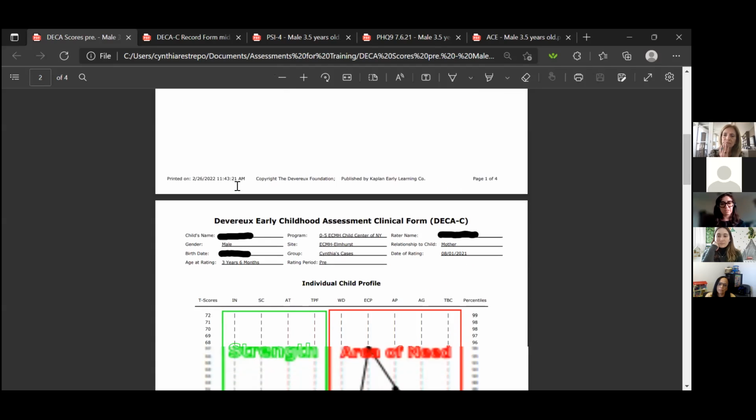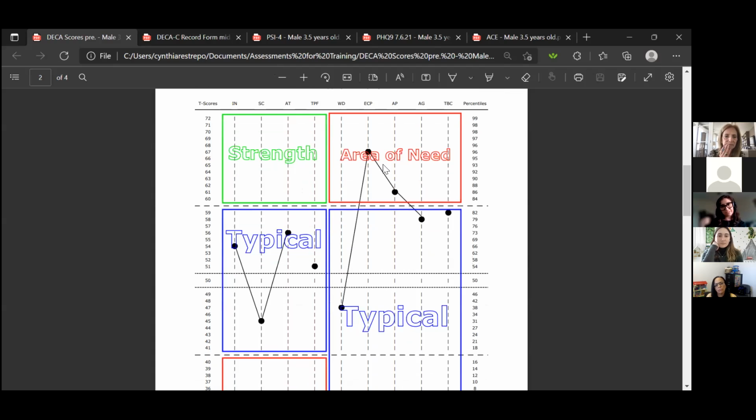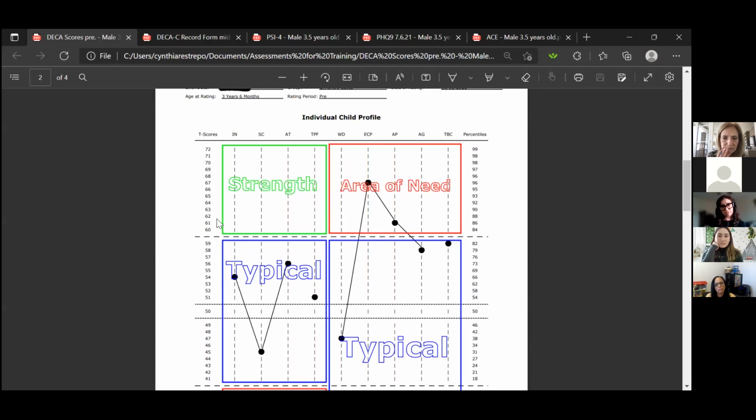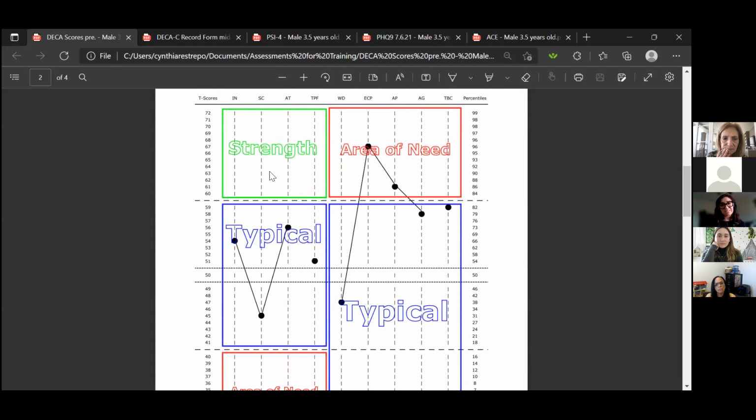We could scroll down and look at it here as the grid, the area of need. That's the emotional control and the attention problems, but everything else is pretty typical. I met the child, fairly typical for 3.5, actually highly resilient, this client. He's very resilient, a very fun kid to work with.